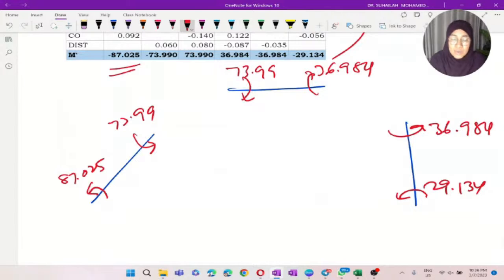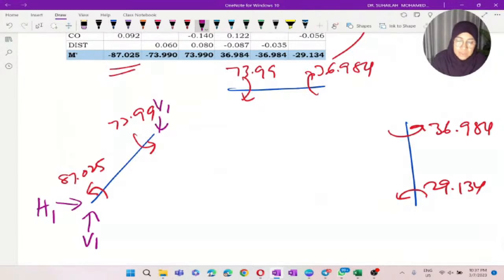Besides this, we also have to put the vertical and horizontal forces at each end. At A, we have V1 and H1, balanced with V1 and H1 in the opposite direction.